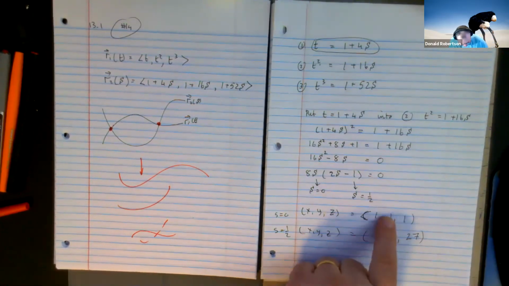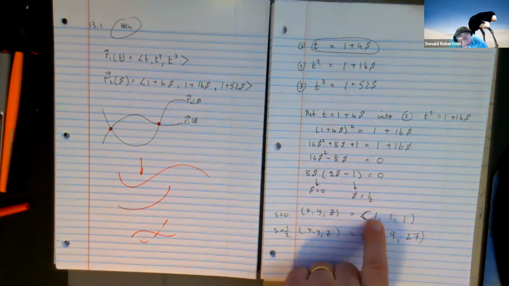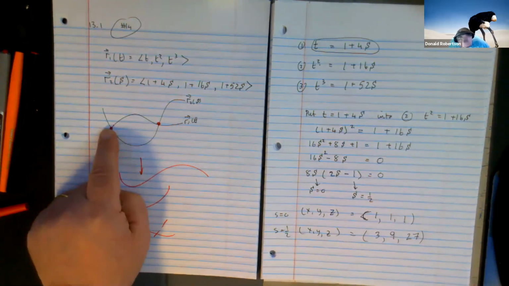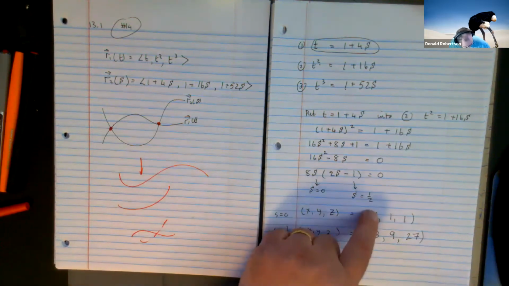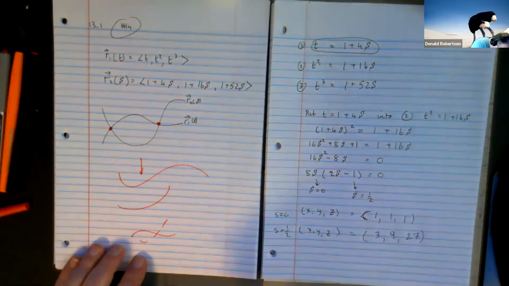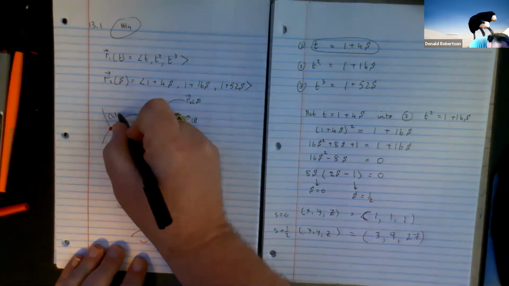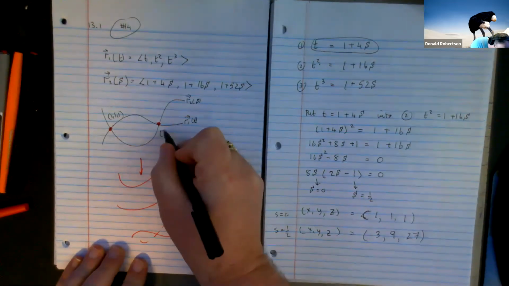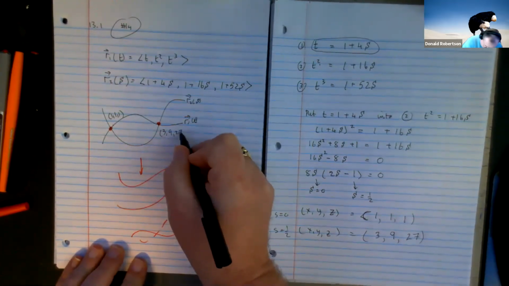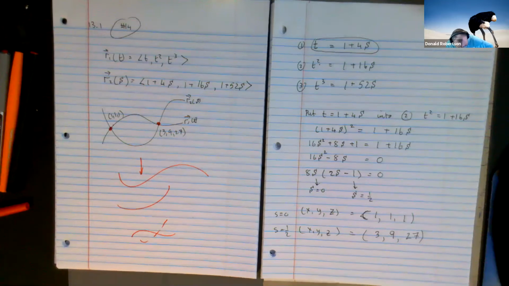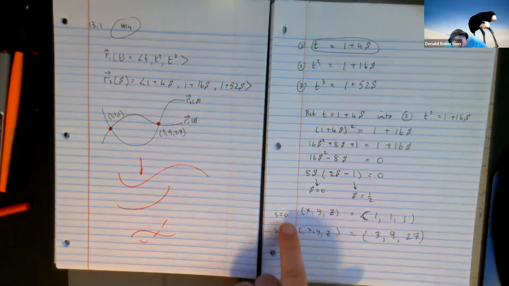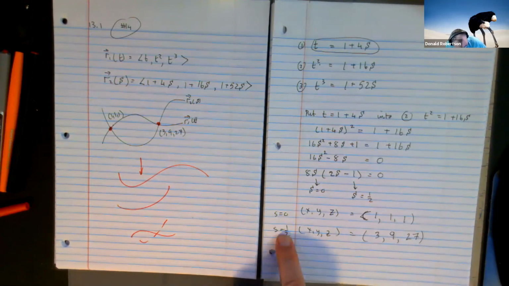And that would be the coordinate of the intersection where the x was small, 1, and this would be the other one. So this would be like the point (1, 1, 1), and this would be the point (3, 9, 27). Now you might be thinking, well, that's what you get when s equals 0, but what about the second one?